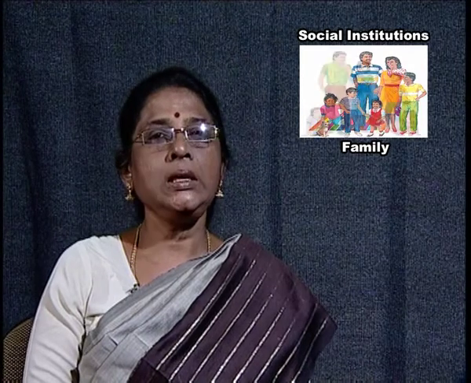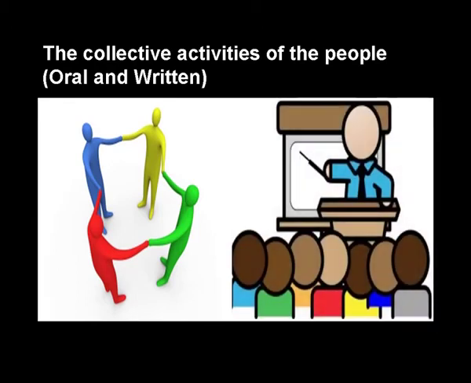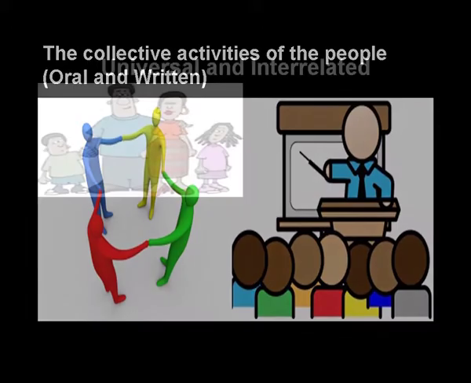What are the characteristic features of institutions? Number 1, institutions are found to be social in nature due to the collective activities of the people, and they exist in the form of oral and written traditions.